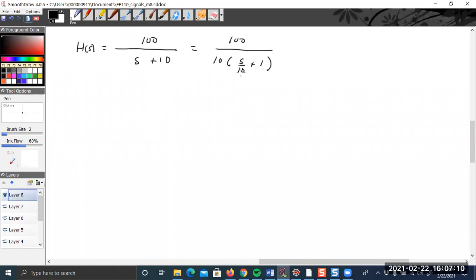And what they'll say is, oh, this part right here, 100 divided by 10, that is the DC gain. All right. And it is true. All right. However, this does not work for this.